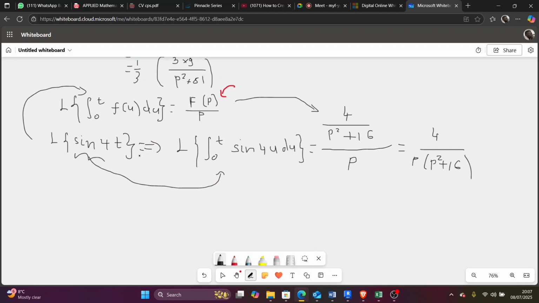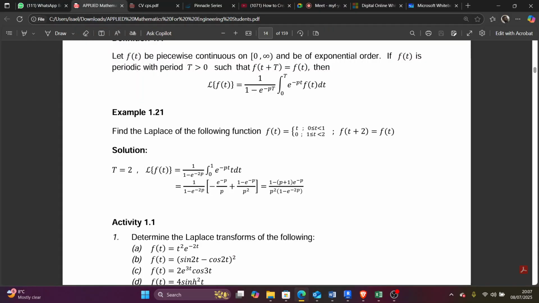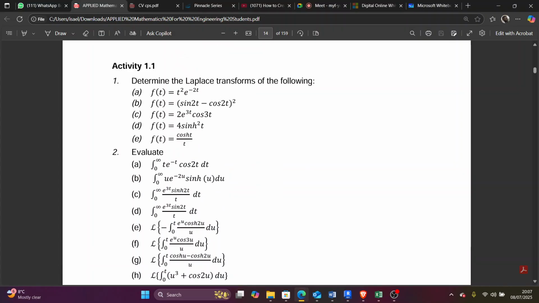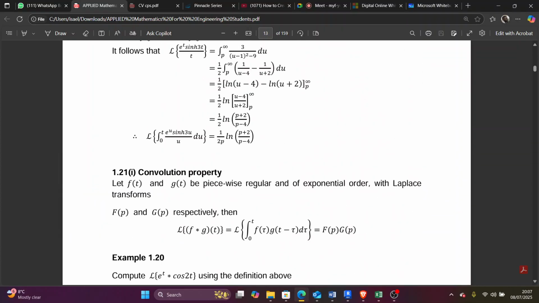Let's do the one you were showing us down there in the book. No, it's not difficult. You see the one down in the book? You have u here. This is division by t, so I don't want to move to it yet.